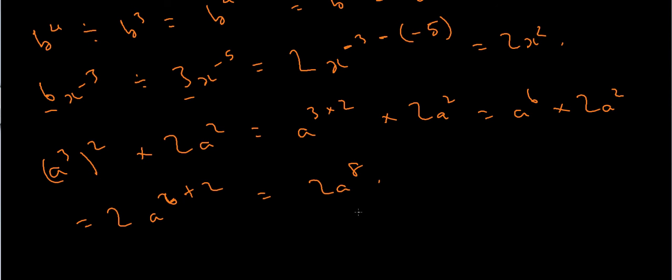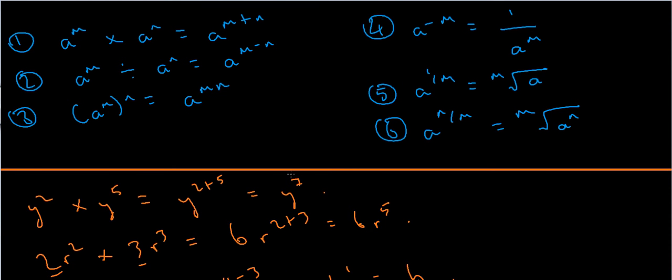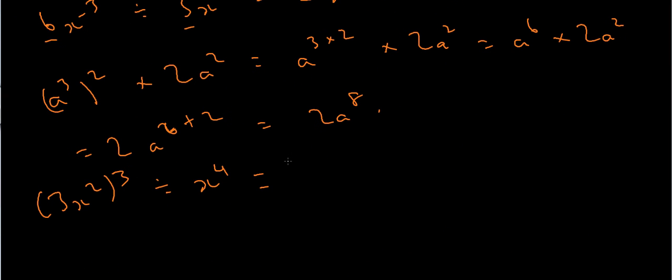Let's have one final example. Let's now try 3x squared cubed divided by x to the 4. So this is now a combination of rules number 3 and 2. Okay, so what's different about this example? Well, we've now got to distribute the power to each of these terms inside the bracket.